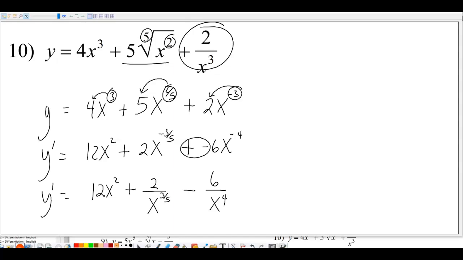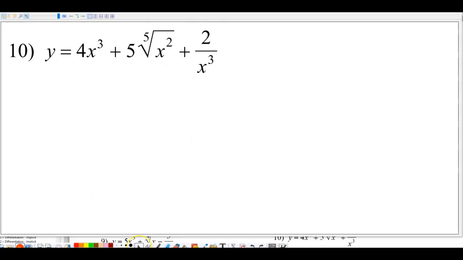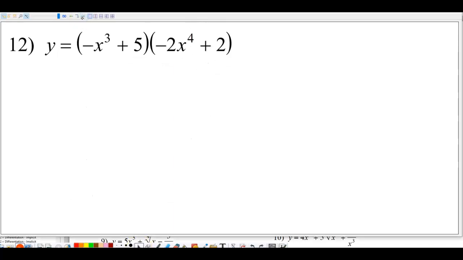Another thing that they might do is rewrite this and make it instead the 5th root of x cubed. That's another possibility. But there we have it. That's the power rule. Let's move on to number 12.